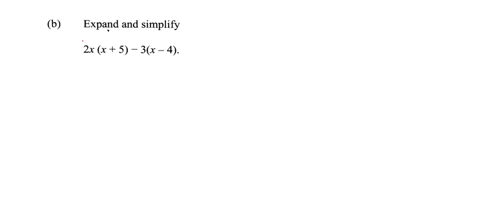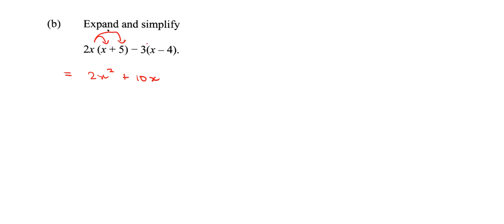For part B, we want to expand and simplify. Okay, so we have some brackets here. So first thing we need to do, we say 2x multiplied by x, which will give me 2x squared. And then we need to take the 2x and multiply by plus 5. So we end up with plus 10x.